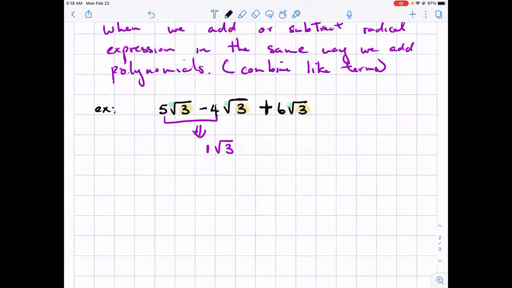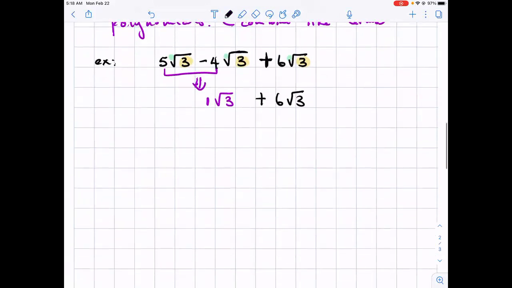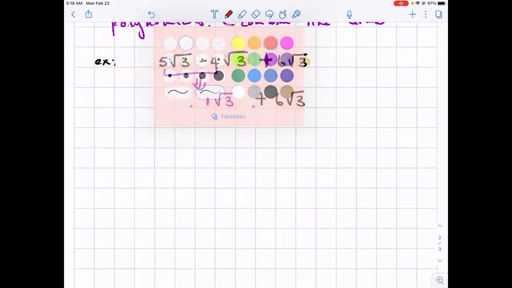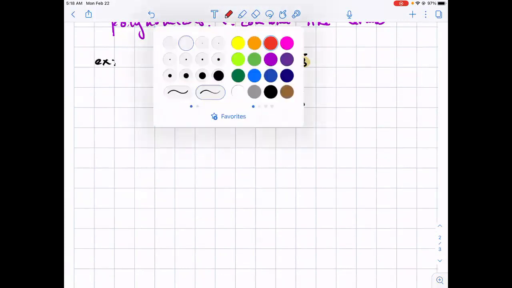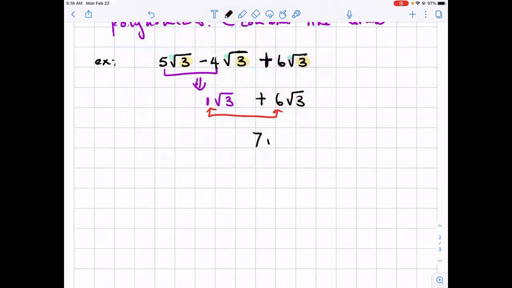And then I have my plus 6 square root of 3, and now I combine the coefficients, 1 plus 6, and this becomes 7 square root of 3. So we have 7 square root of 3 after we combine them.